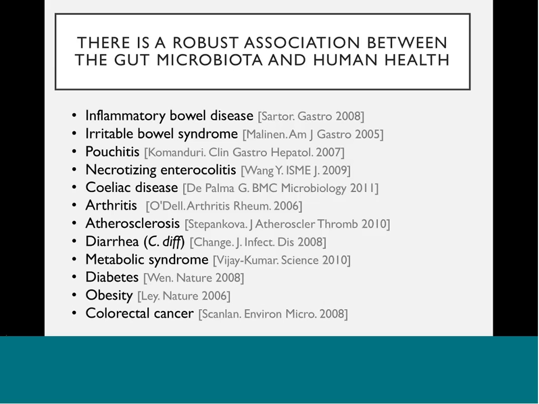I would point out one link that is common across many of these diseases: links to things like inflammation and immune functioning. Those are especially the disease areas where there's a lot of interest and a lot of evidence about linkages with the gut microbiome.